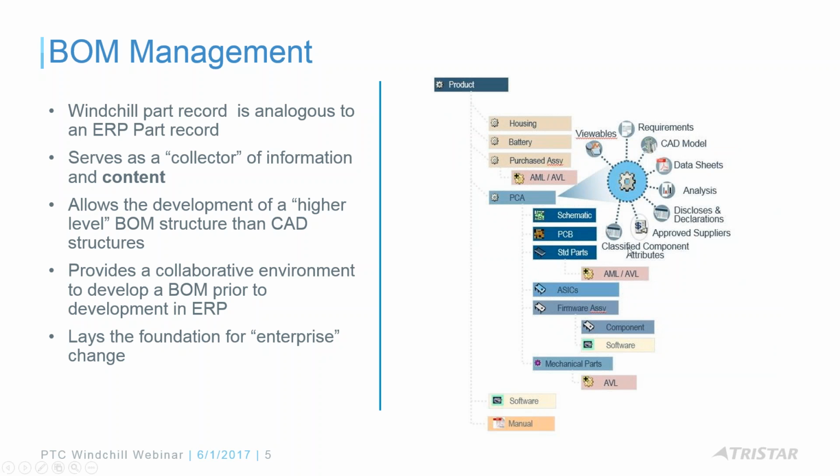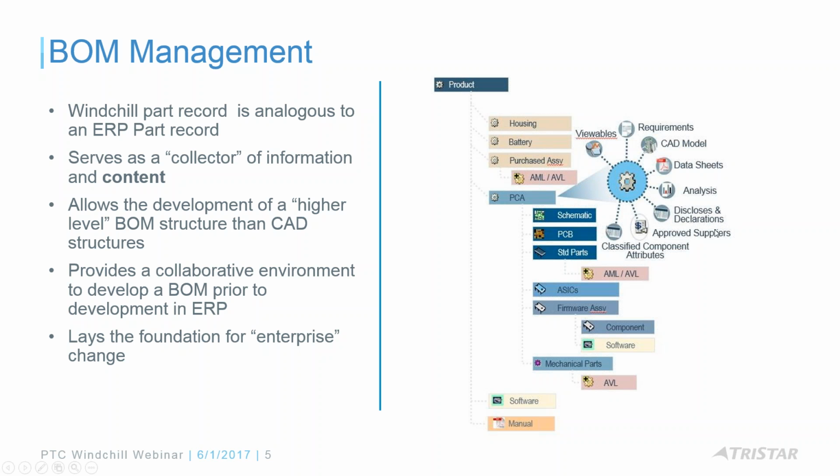So in Windchill, this Windchill part can make up a structure. It can also be represented by different content that describes the part, right? So you could have a CAD file that describes that part number.